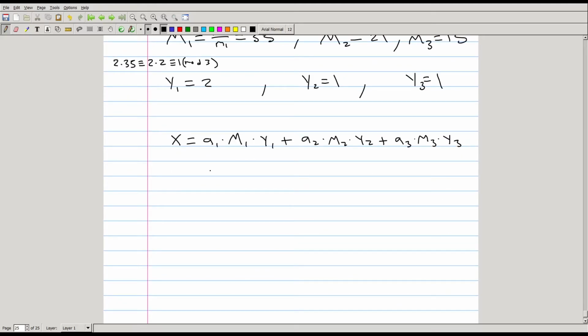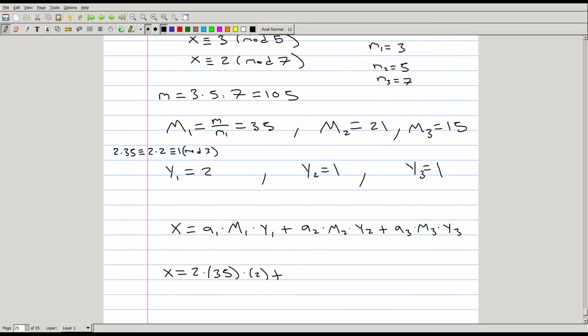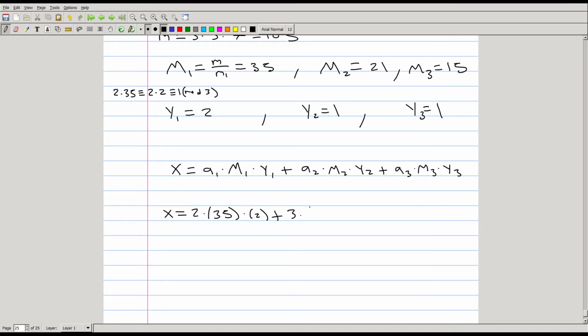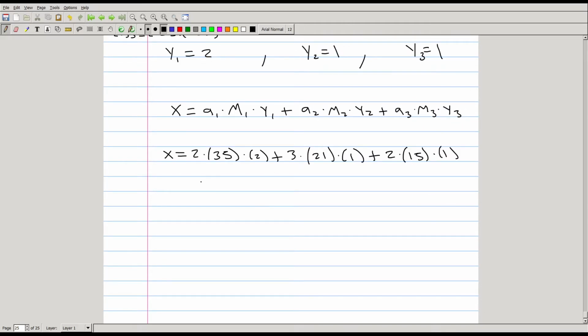So our x is going to be equal to 2 times 35 times 1, plus 3 times 21 times 1, plus 2 times 15 times 1, which is exactly equal to 233.